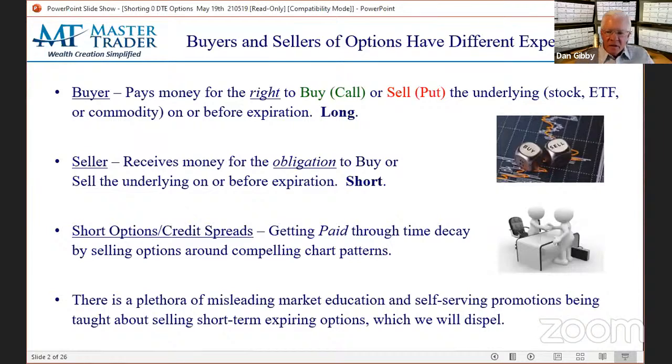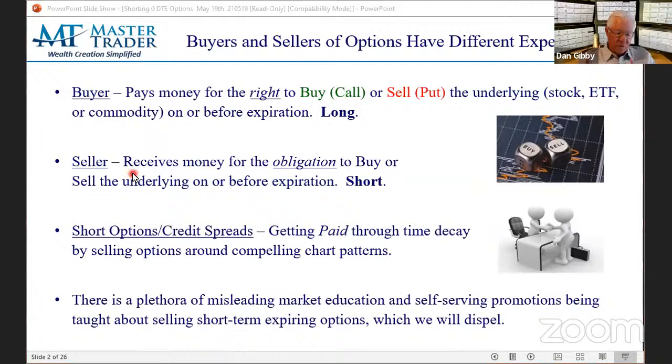But let's just do a little bit of introductory definitions here, just in case you're not familiar with options. Let me get my spotlight. So when you buy an option, what the heck does that mean? Well, I'm going to the option market, I'm paying money, and that gives me the right to buy or short the underlying at an agreed upon price before the expiration date.